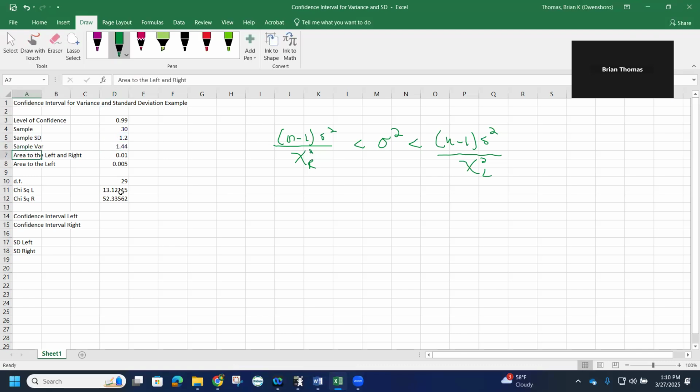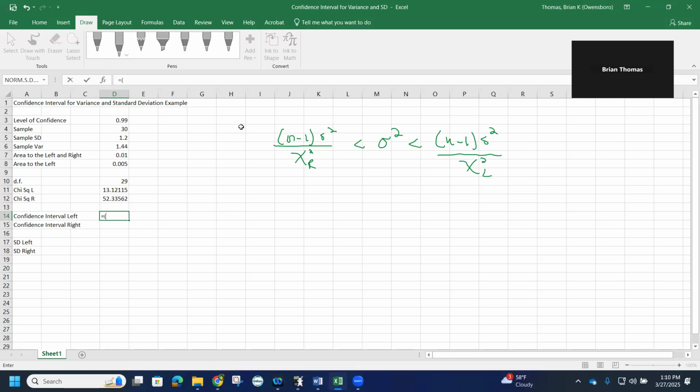So 1.44. So what I need now is my degrees of freedom and my sample variance. So if I come here, hit equals, and since this is in the numerator, I'm going to use parentheses.